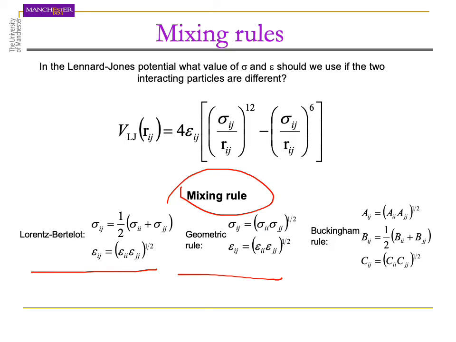Basically, these rules say that you can obtain the new epsilon and new sigma as a geometric mean or an arithmetic mean. There is a similar set of rules for the Buckingham potential, which are called, of course, Buckingham rules, that describe how to mix different A, different B, and different C coming from different types of atoms.